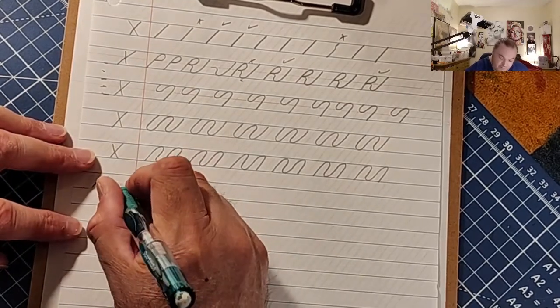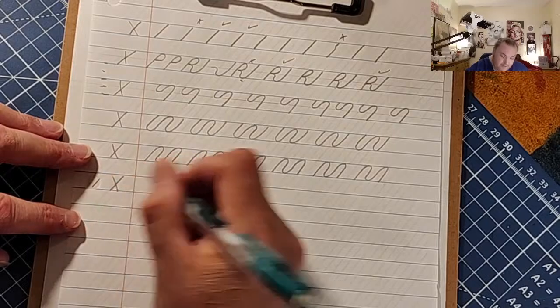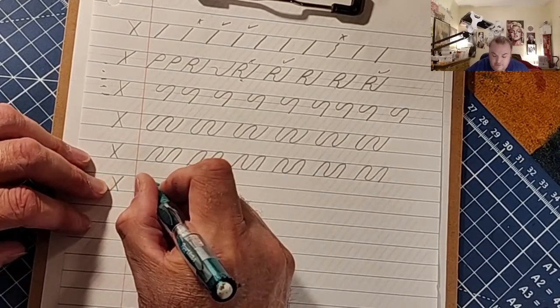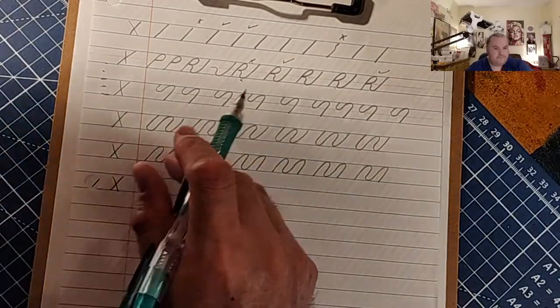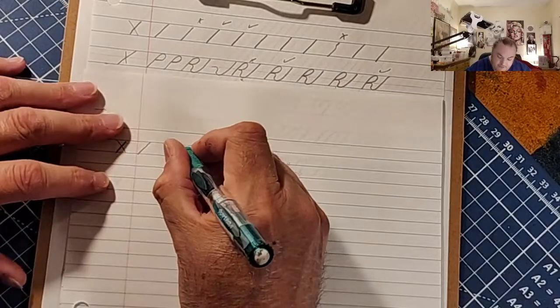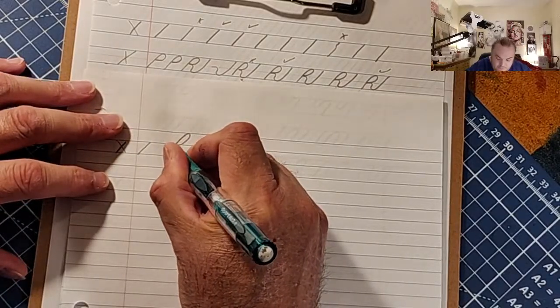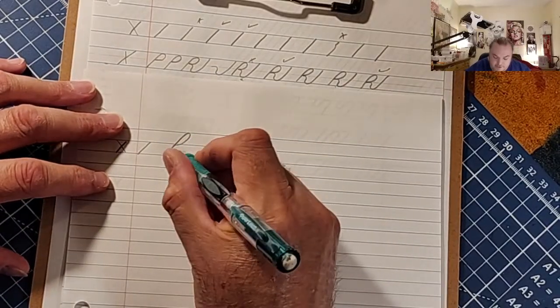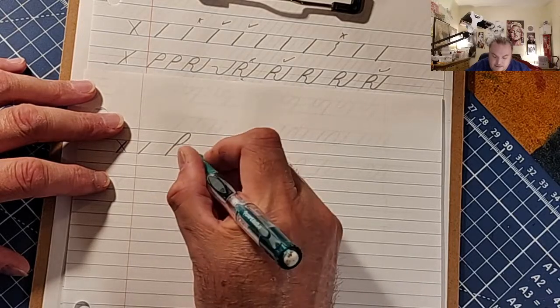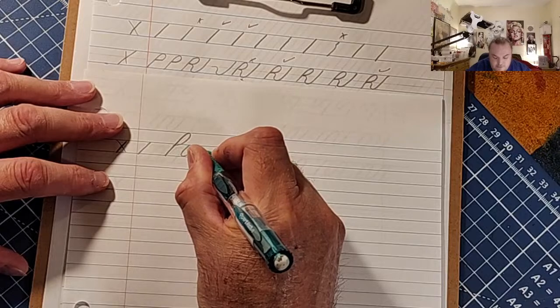Okay, let's drop 2 down. Now we're getting into some really hard strokes. You know how we did the ascending stem loop. Now we're going to turn that downstroke into an underturn.